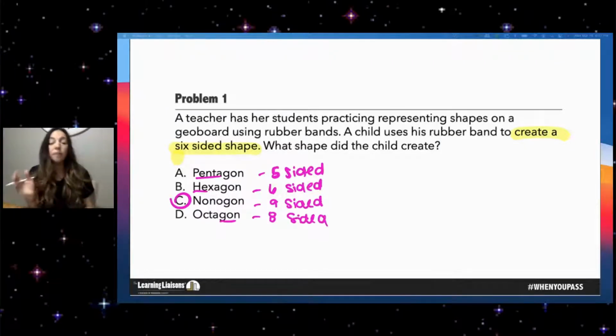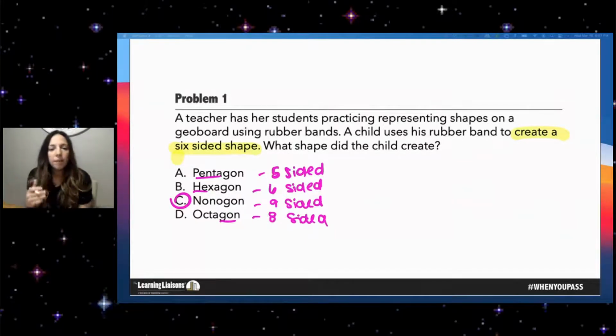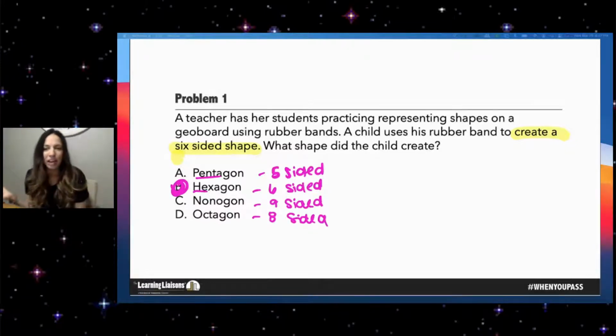A gon just means that it's a shape, like a polygon is a closed shape. So pentagon is 5, hexagon is 6, nonagon is 9, octagon is 8, and we know that our answer is, oh, I circled C, but I meant B. So our answer is a hexagon, a 6-sided shape.